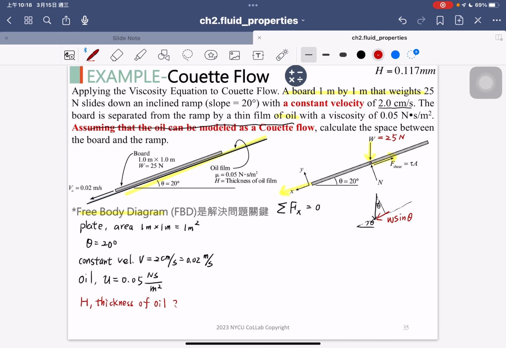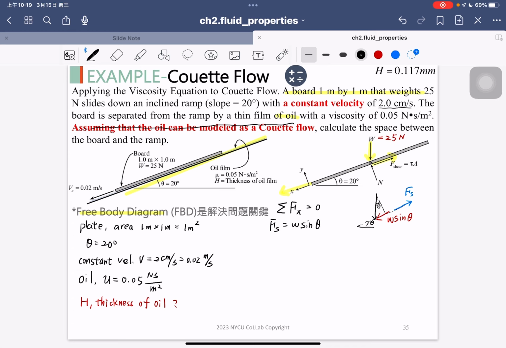Another force, in the opposite direction, is the shear force, and I use Fs. This one is directed upward. Okay? So going back to the force balance, we know that the shear force F should be equal to W sine theta, right?